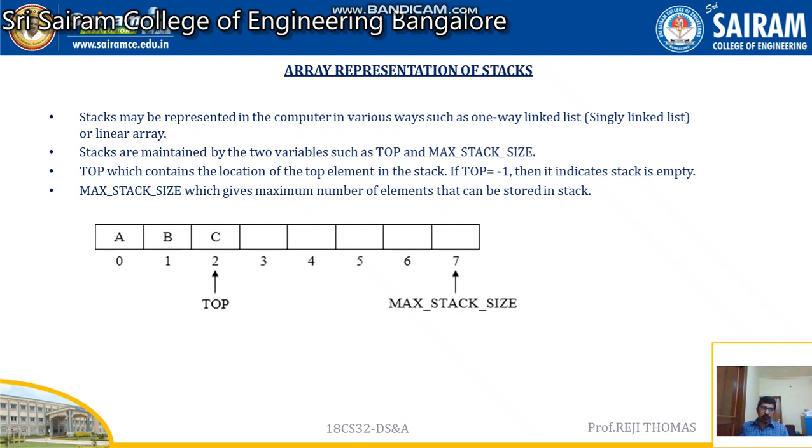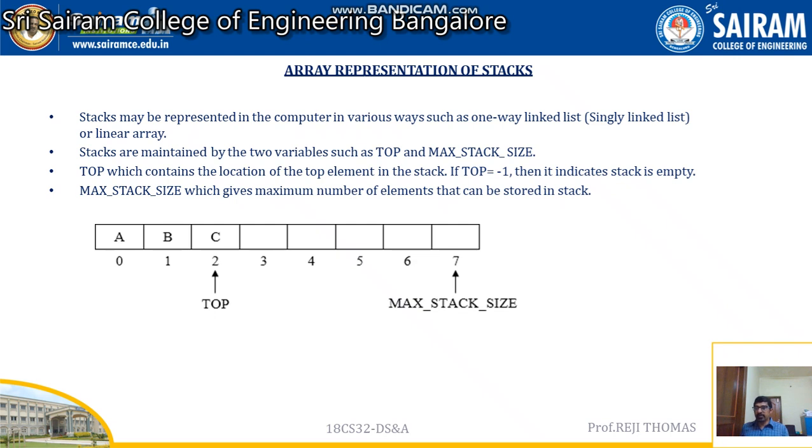And look at the top. As I told before, top is a variable pointing towards the last element, the topmost element in the given stack. So we have a stack which can accommodate 8 characters, but we have accommodated only 3 characters. We have pushed in 3 characters, and the top value is going to be 2.